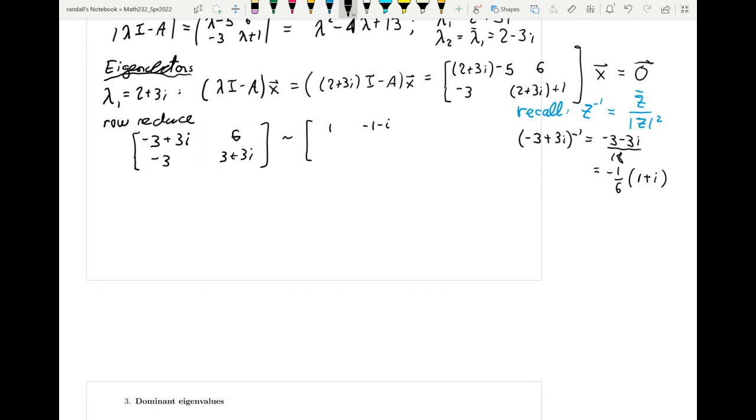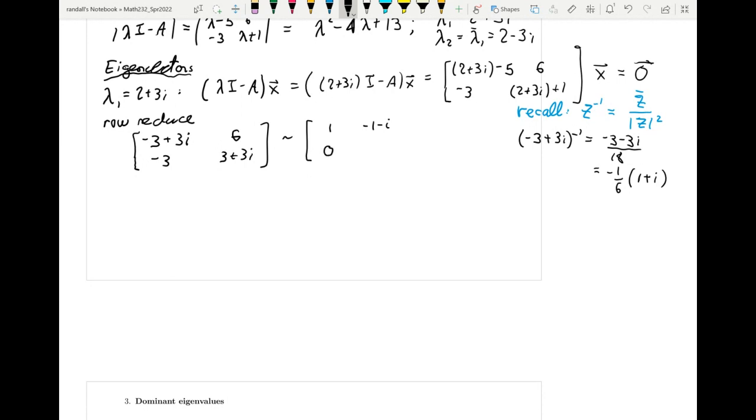And you can see that the second entry in the top row is minus 1 minus i, because I multiply 6 by this number and I get minus 1 minus i. All right, and now I'm going to eliminate the minus 3 in the bottom left corner. So I'm going to add 3 times the new first row to the bottom row.